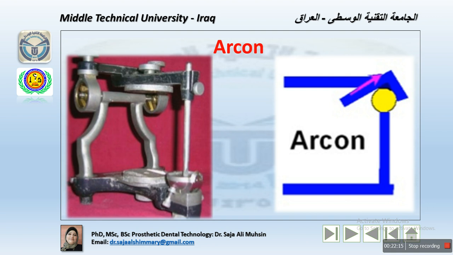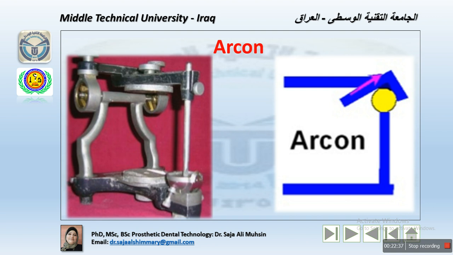Now, I would like you to focus on many things, dear students, whether it is arcon or non-arcon. So where the condylar element will be and where the condylar guidance will be, okay? The condylar element is represented by what?